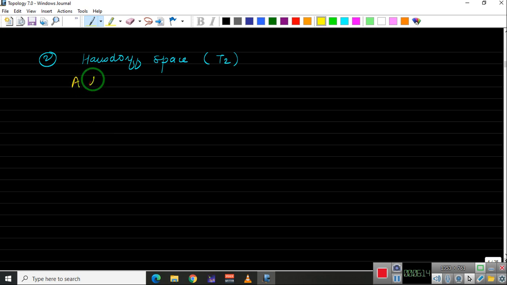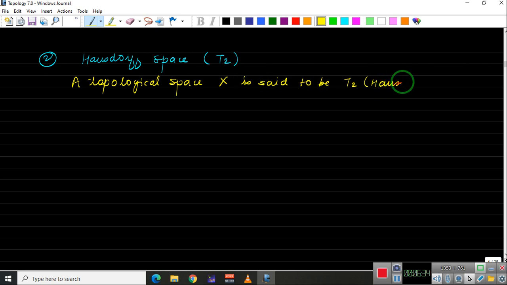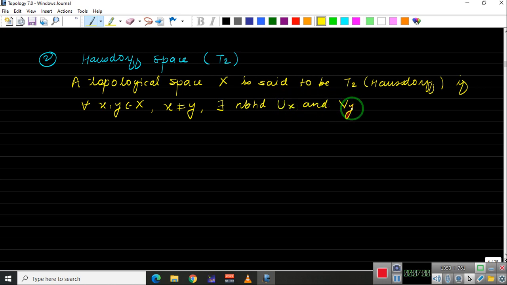A topological space X is said to be T2, or that is also called Hausdorff, if for all x and y in X, those are distinct, say x not equal to y, there exist neighborhoods, those are open sets, Ux and Vy of x and y.